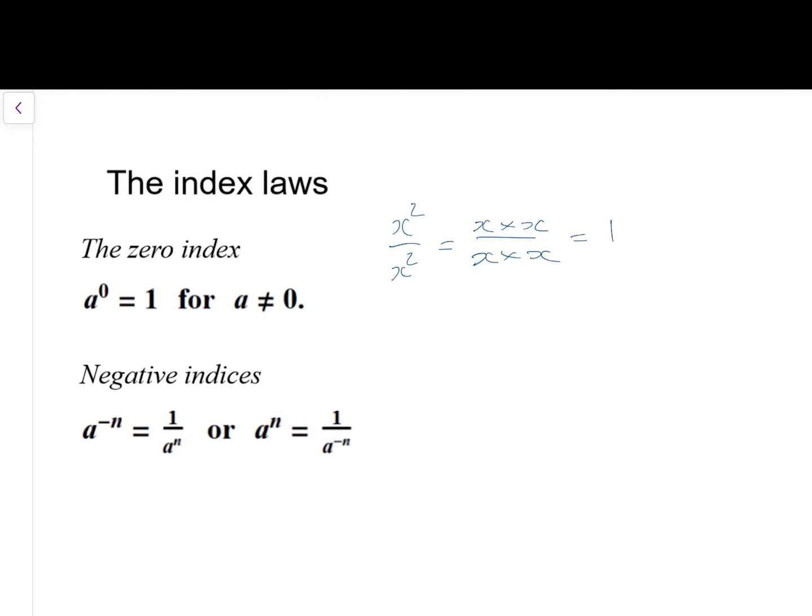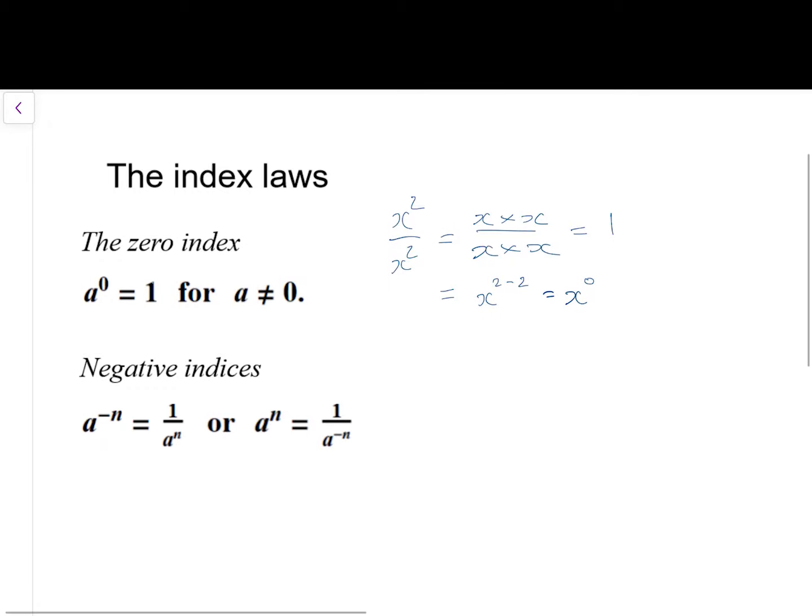But let's look at this through the lens of the second index law. Then this can be rewritten as x to the power of 2 minus 2, or x to the power of 0. So through both of these processes, we've found out that x to the power of 0 equals 1. So once again, assuming that the base is not 0, anything to an exponent of 0 is equal to 1.